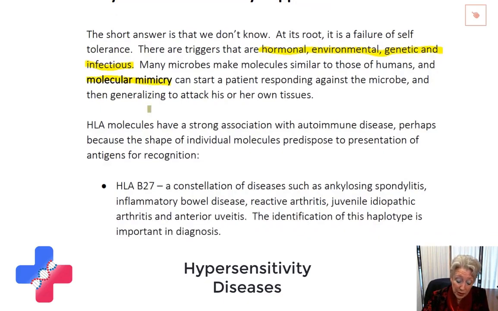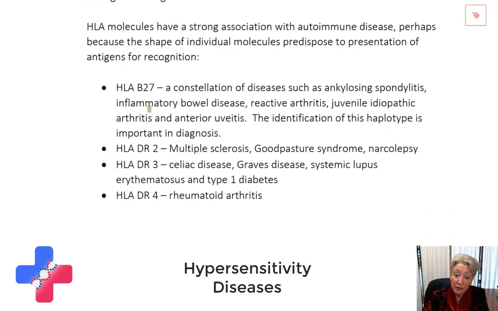Now, a lot is made about the association of various HLA types with autoimmunity. And I personally don't find this very much of a topic that I would encourage you to memorize. I know that there are lots of questions out there in a variety of different banks where they will ask you to very quickly regurgitate, if a patient has this condition, what is their most likely HLA type?